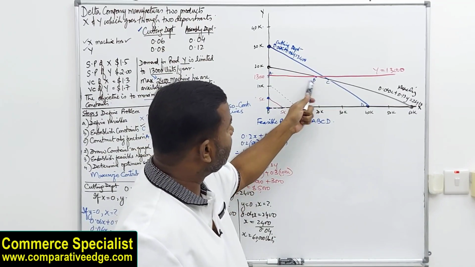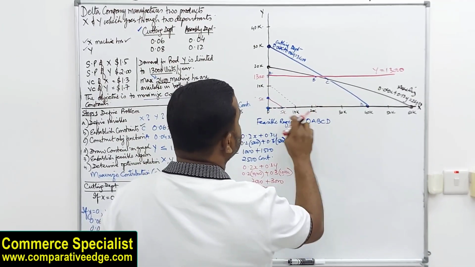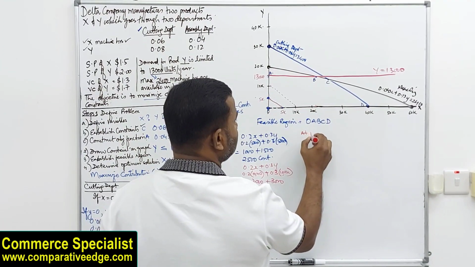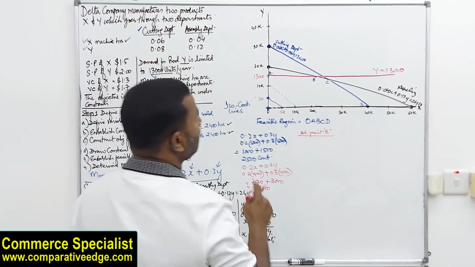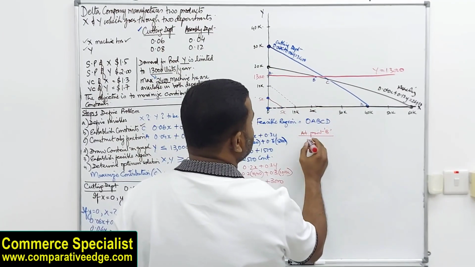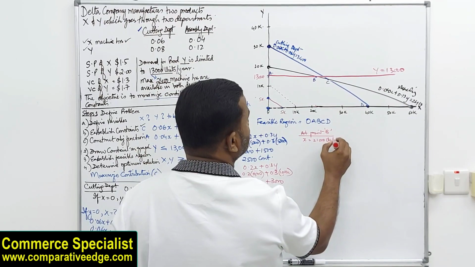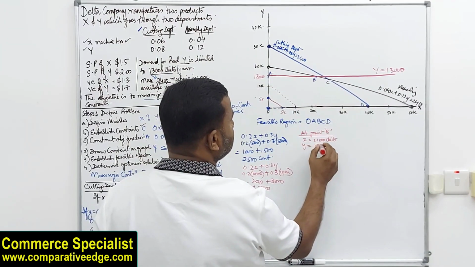So let's talk about B. At B, what is happening? I'm writing here at point B. A and D are not a possibility. At point B, we are talking about X of 21,000 units and Y of 13,000 units.